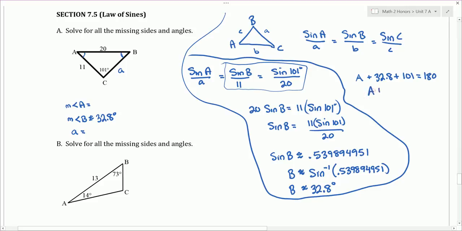So A plus 133.8 is equal to 180. And subtract 133.8 from 180, and you get the measure of angle A is going to be roughly 46.2.